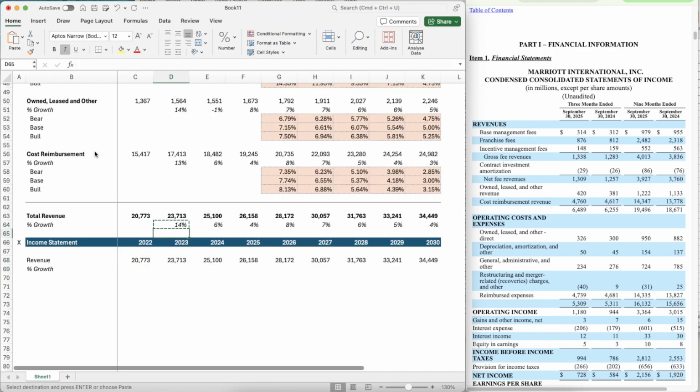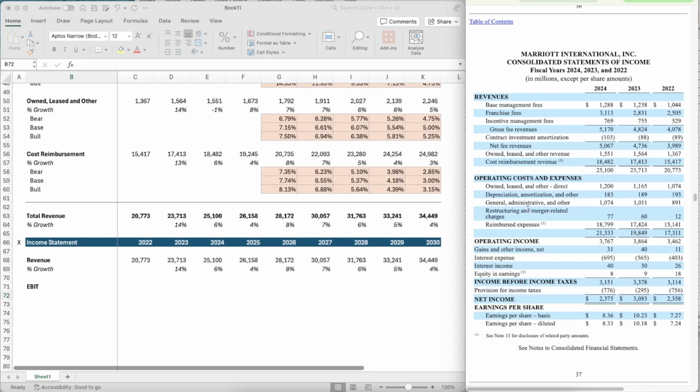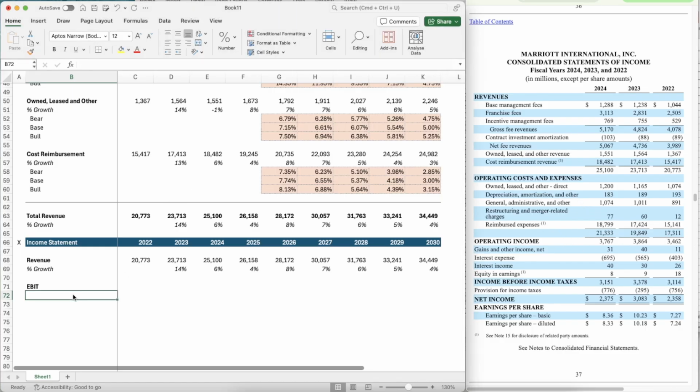Make sure it's equal though, because we want things to update dynamically as and when we change our inputs, whether that's the growth rates or revenue segments, all of those things. So revenue. Next one is EBIT, which is your operating income. We'll find that on here, this line. You want to know what that is as a percentage of revenue.